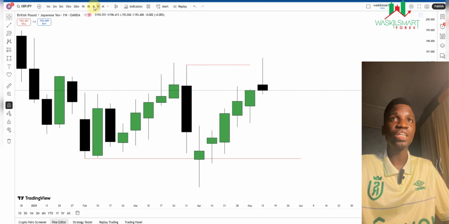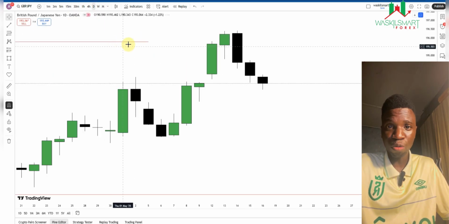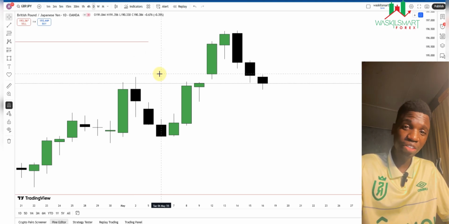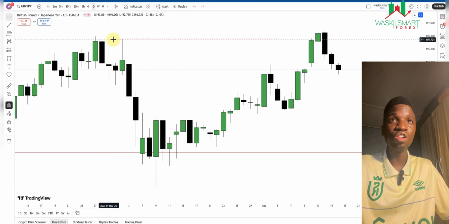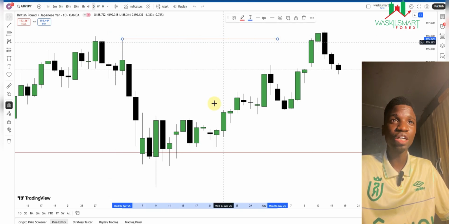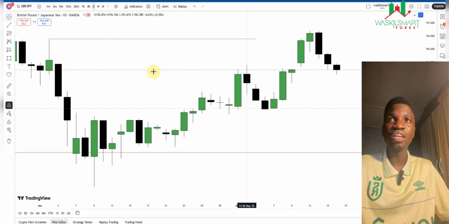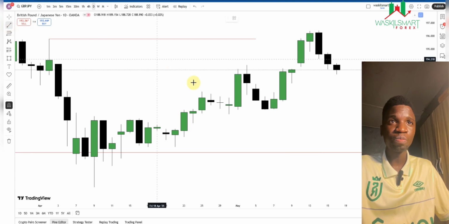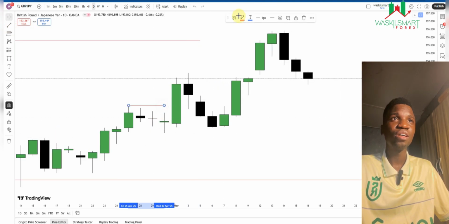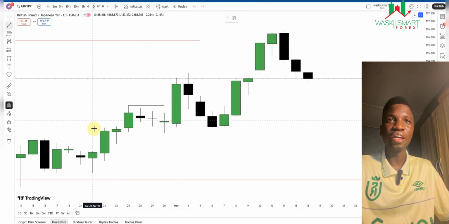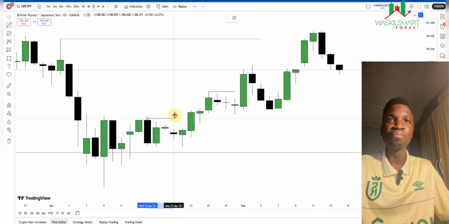Then let's go to the daily chart to look for an order flow, a fair value gap, a fair value area, just to get to where we are going. This is our draw on liquidity on the monthly chart we want to get to. But if you look at the daily chart here, you can see that there's an order flow. The market breaks this high, and this high here, and also this high here.